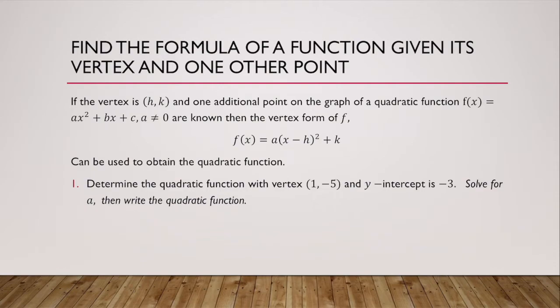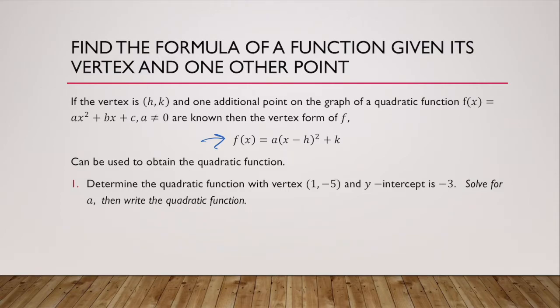So now let's find the formula of a function given its vertex and one other point. So I want to determine the quadratic function with vertex 1, -5, and y-intercept is -3. What we're doing is we're solving for a, and then we can write the quadratic function.